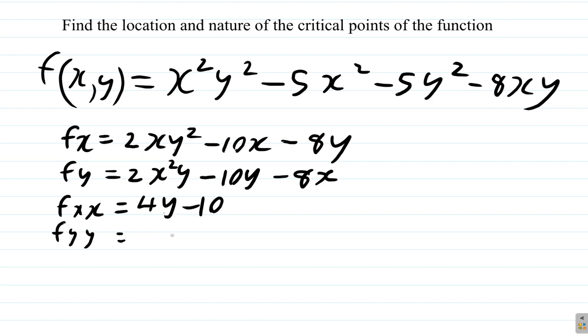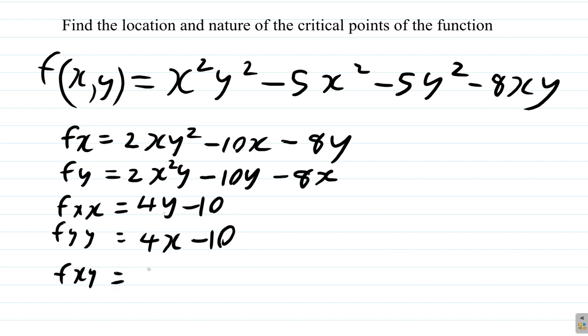And remember, at each point, you should pause the video and make an attempt at working these out. So fyy would be 4x minus 10. Okay.